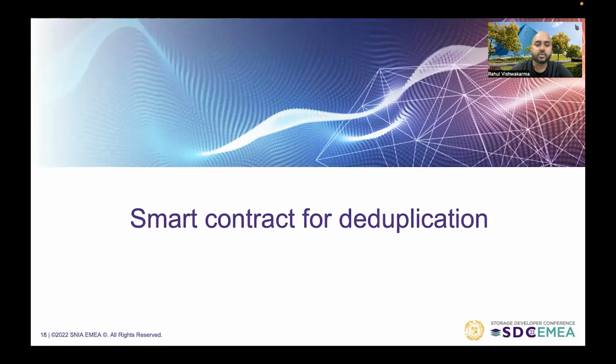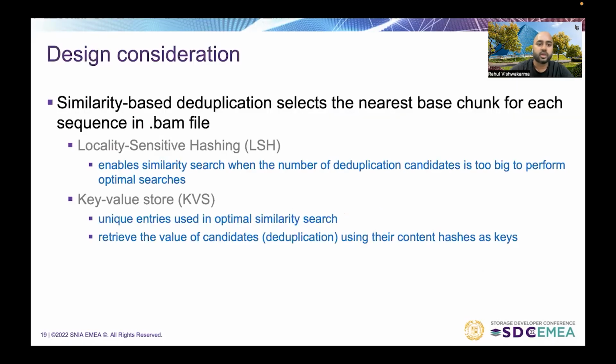Now coming back to the smart contract for deduplication, there was just one design consideration. The actual motive was to reduce the number of bits for representing the information. Here bits is analogous to how we will be representing with the triplet codons.